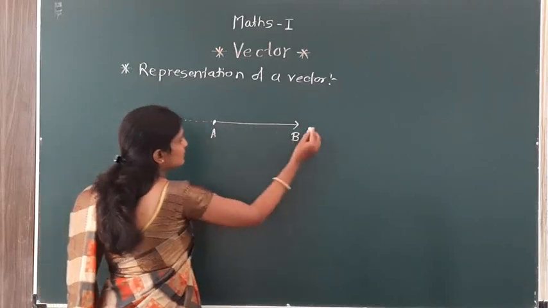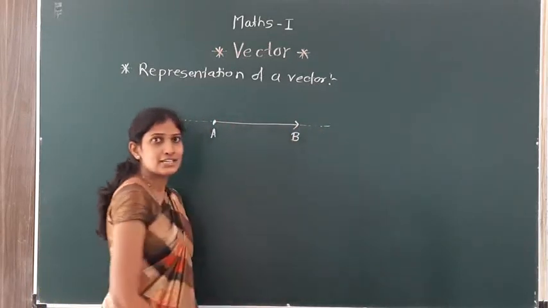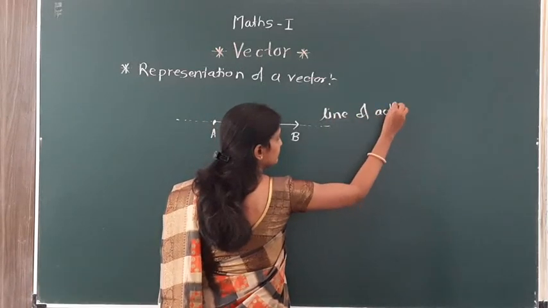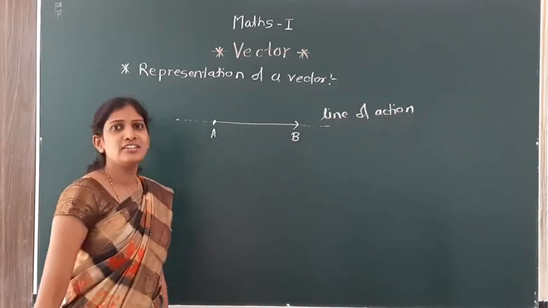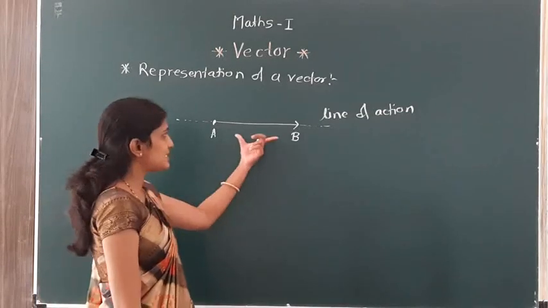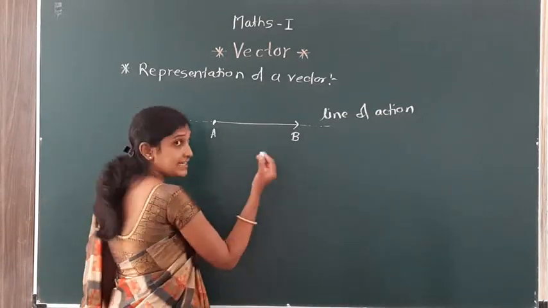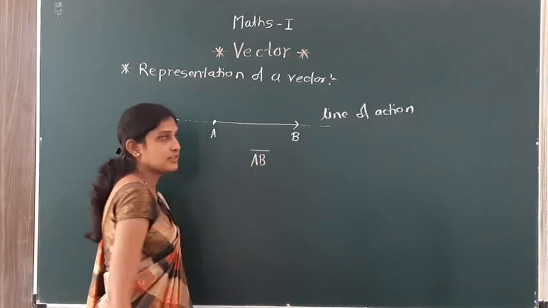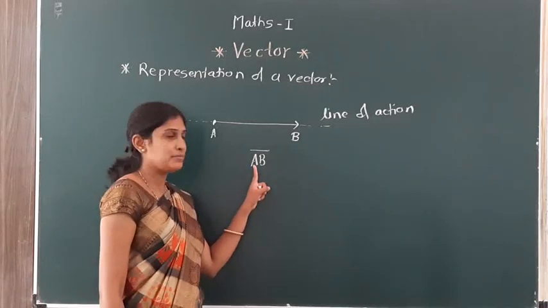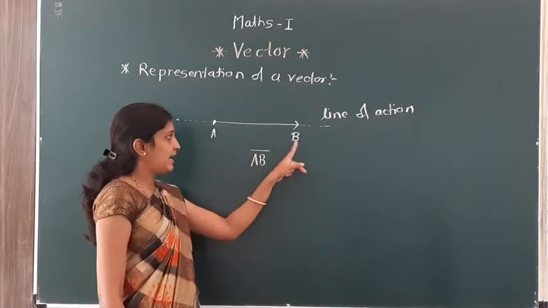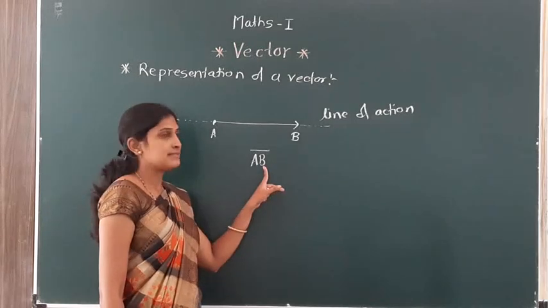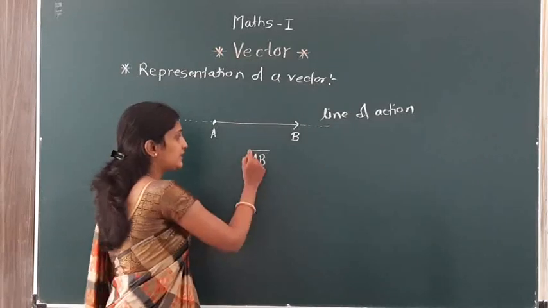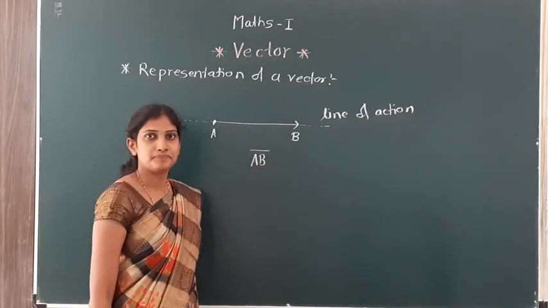This direction is also called the line of action, or direction. So this is called a vector and it is denoted by AB bar. First we write A because its initial point is A, and terminal point is B, so B after A. That is AB bar, with the bar on top of AB.